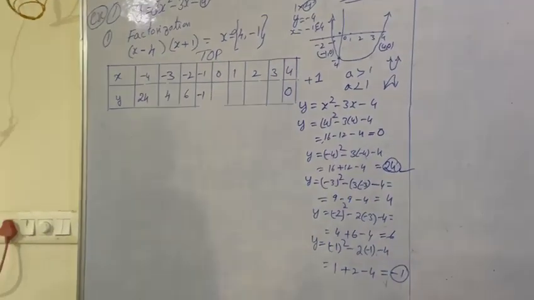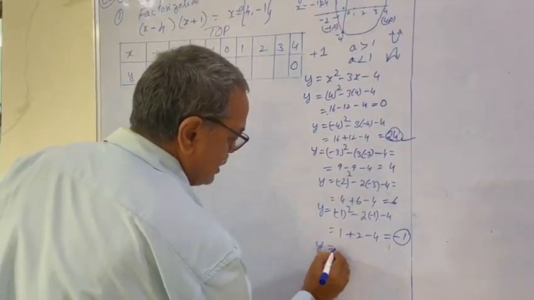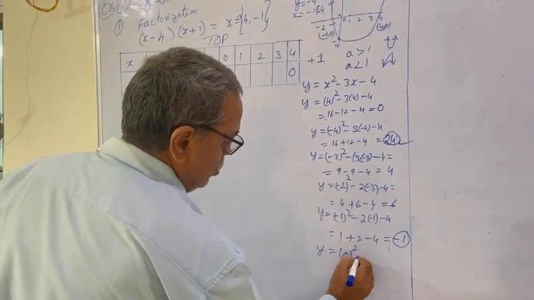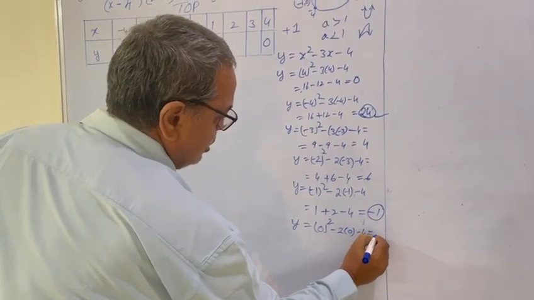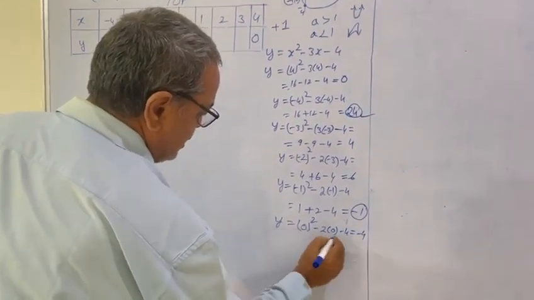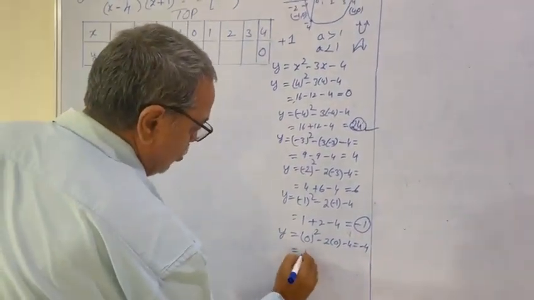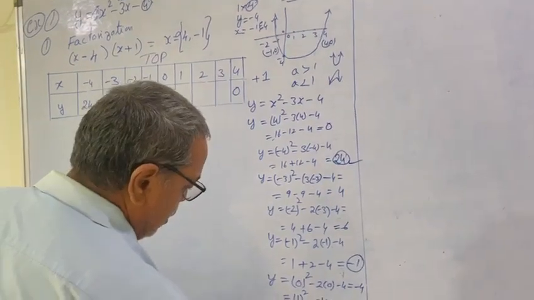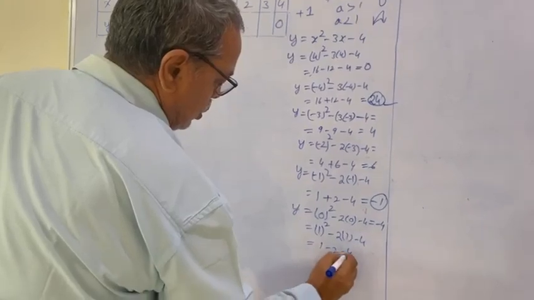Next, if you take 0 on the x-axis, 0 square minus 3 into 0 minus 4. Y is equal to minus 4. If you take 1 in place of x, 1 square minus 3 into 1 minus 4 is equal to 1 minus 3 minus 4, which is minus 6.